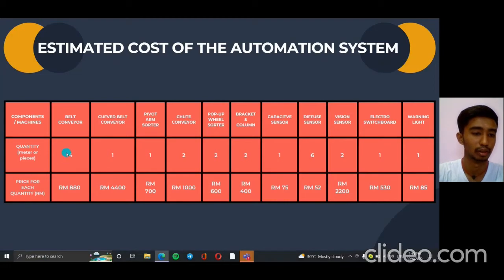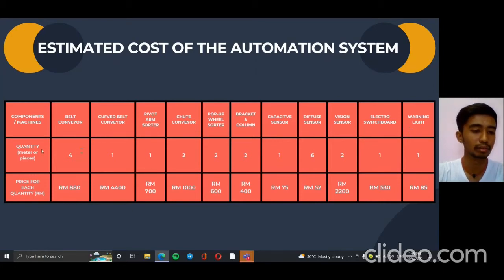First of all, these are the components and machines that we have used to build the automation system: the belt conveyor, curved belt conveyor, pivot arm sorter, curved conveyor, pop-up wheel sorter, bracket and column, capacitive sensor, diffuse sensor, vision sensor, electro switchboard, and finally the warning light.